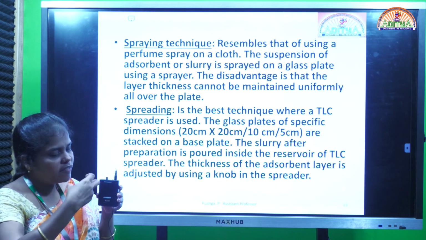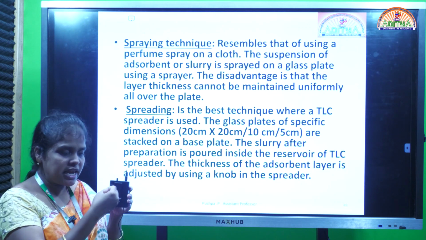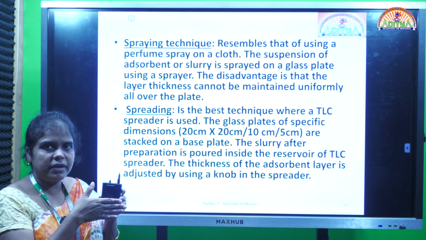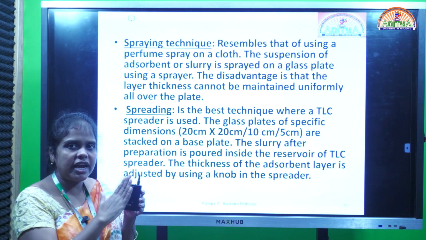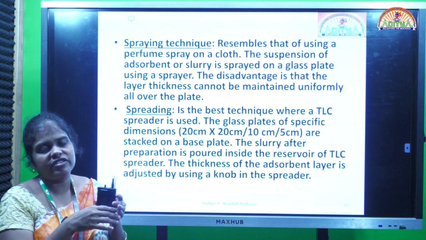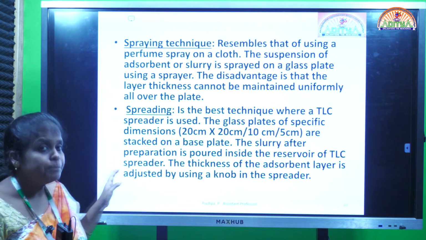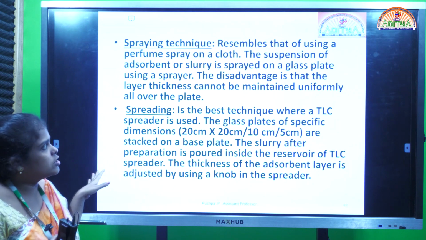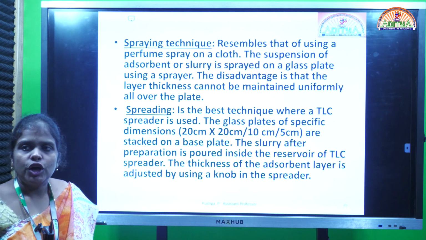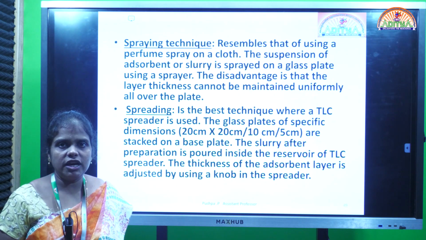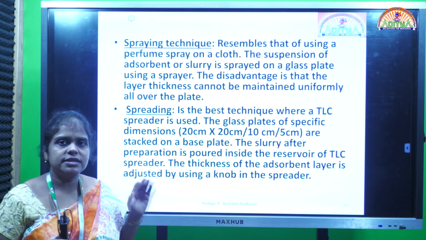That means whenever we are spraying the slurry on the TLC plate, at some places more slurry may be sprayed, at some places less. That's why, like the pouring technique, the spraying technique also has the main disadvantage that there will be no uniform applying of the slurry.